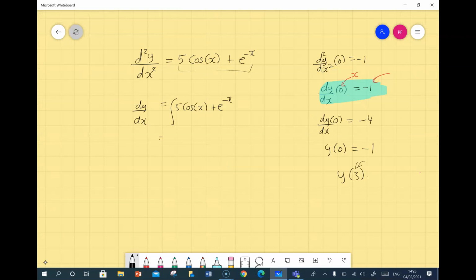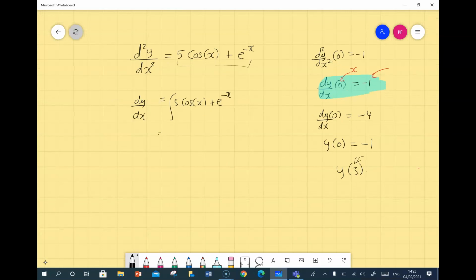So first steps first. If we have our second derivative and I want my first derivative, I have to integrate my second derivative. So I just integrate it piece by piece. Integrating 5 cos x: we don't care about the 5, that can be outside, but it's the cos x we're interested in. The integral of cos x is sin x, so 5 sin x.